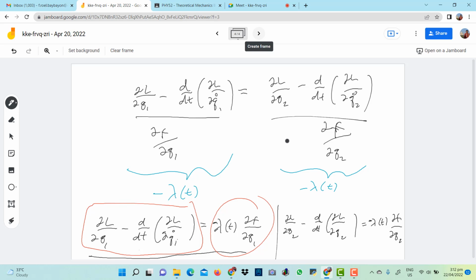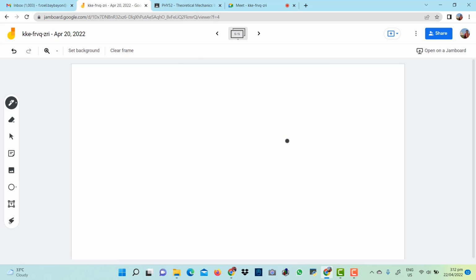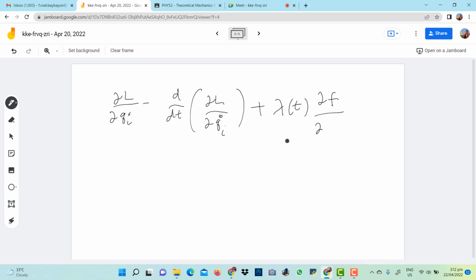Such that, as you can see here, if you transpose the lambda t, what you will get is this one. Partial L, partial Q i's minus d/dt of partial L, partial of Q i's dot, plus lambda, which is generally a function of time, partial of f with respect to qi, equal to 0. Okay, so this will be our new Euler-Lagrange now.